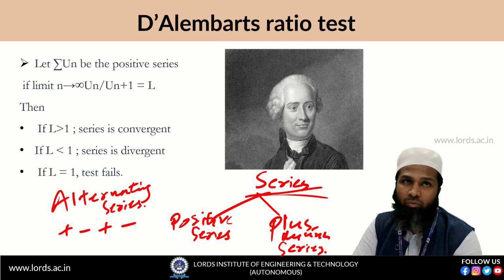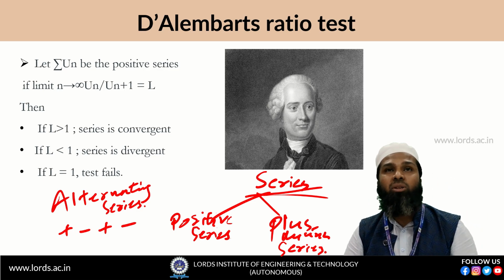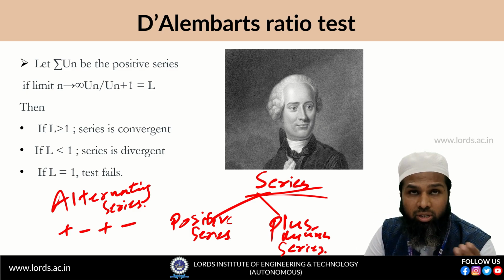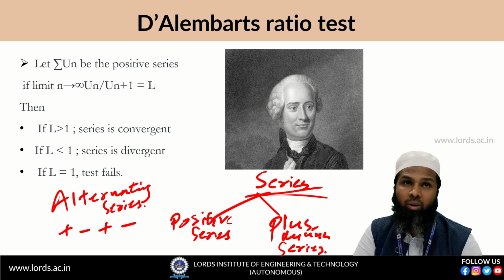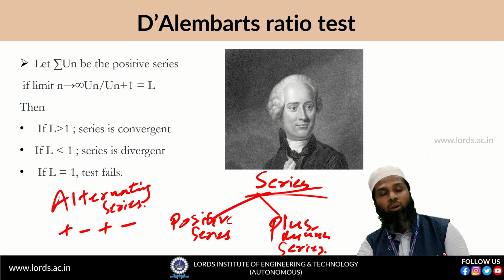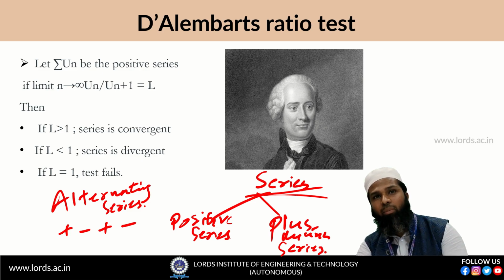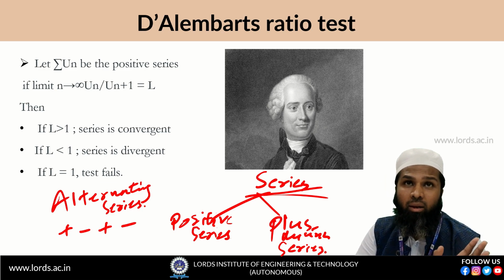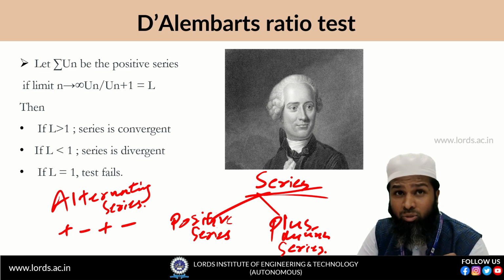We have many tests for checking positive series: the geometric series test, the p-harmonic test, the comparison test, Cauchy's root test, Cauchy's integral test, and then D'Alembert's ratio test. Today we are going to discuss D'Alembert's ratio test, and that is only to know the nature of the positive series, not the plus minus series.